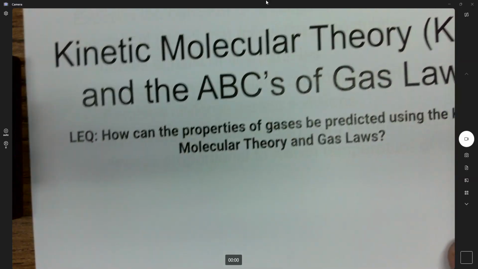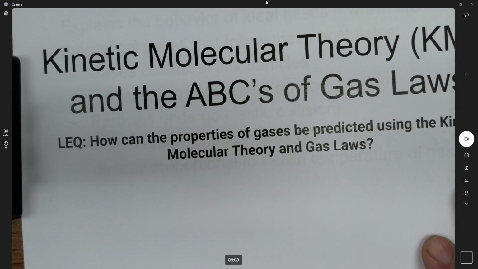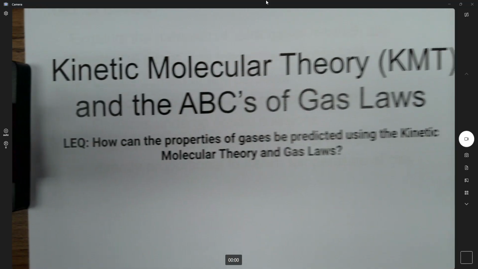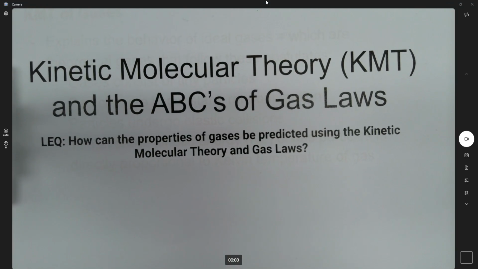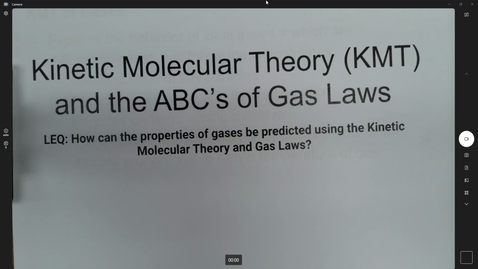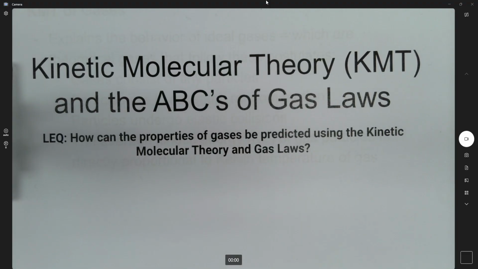So I want to put this on the pause, on the back burner, as I jump into our slides for today. We are going to be talking about kinetic molecular theory, KMT, and the ABCs of our gas laws. So you want to grab the piece of paper that has the table at the bottom of your page.